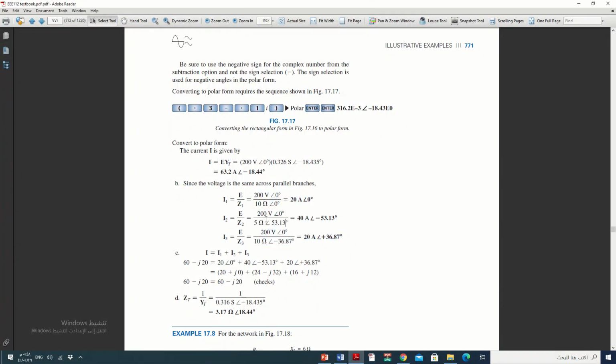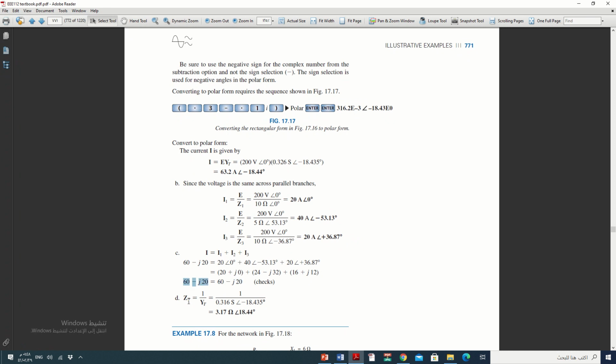And I total is the voltage source with the admittance. Now we need to verify that the summation of I1, I2, I3 equals this. Substituting, you calculate these terms and you will find it equals I source.